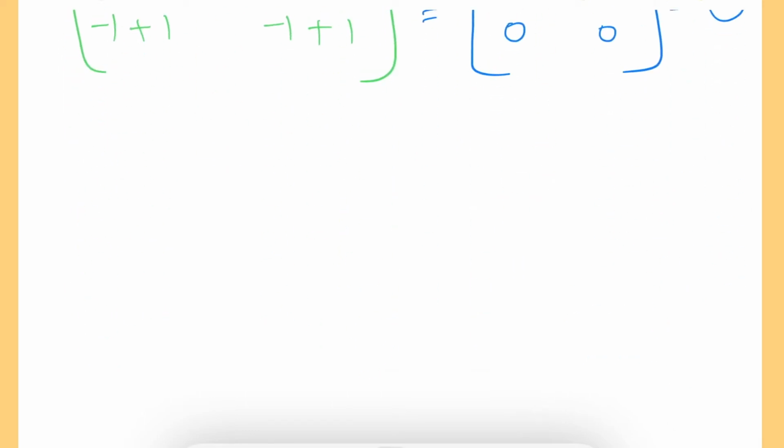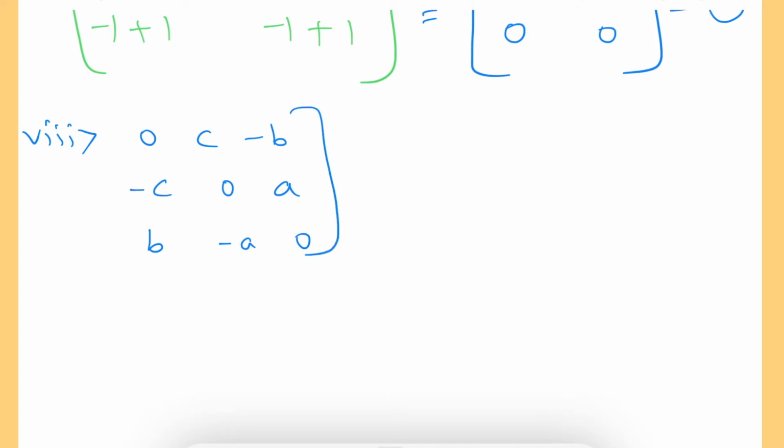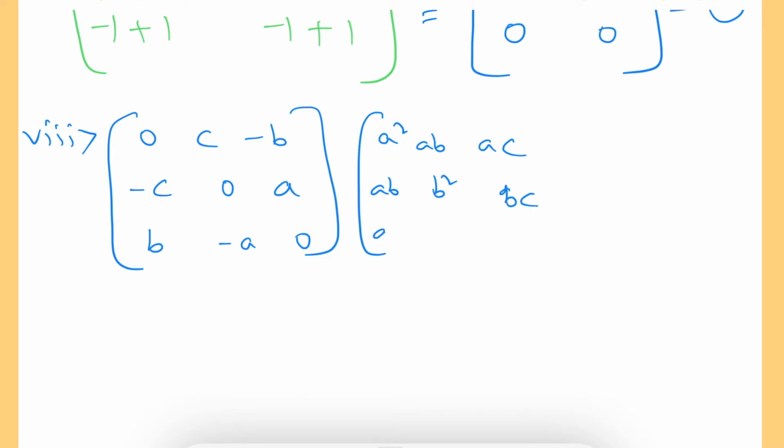Next, last 8th question. The matrix with rows 0, C, minus B; minus C, 0, A; B, minus A, 0, multiplied by the matrix with rows A square, AB, AC; AB, B square, BC; AC, BC, C square.